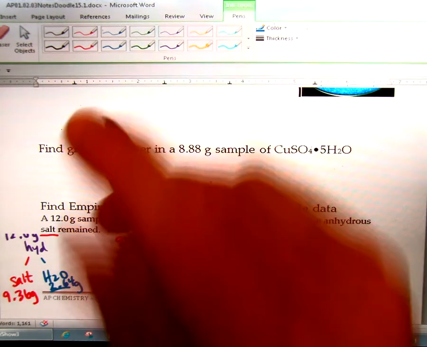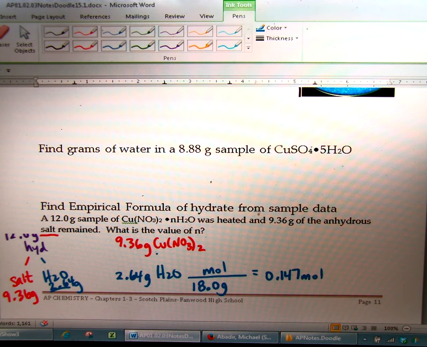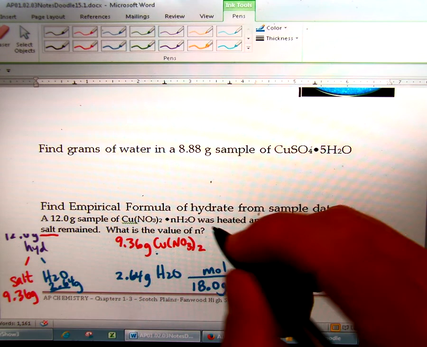And now we need to add up cupric nitrate. So that's going to be 63.5 for the copper. And there are 2 nitrogens altogether, so plus 2 times 14. And then we're going to add 6 oxygens, plus 6 times 16. And that's 187.5.